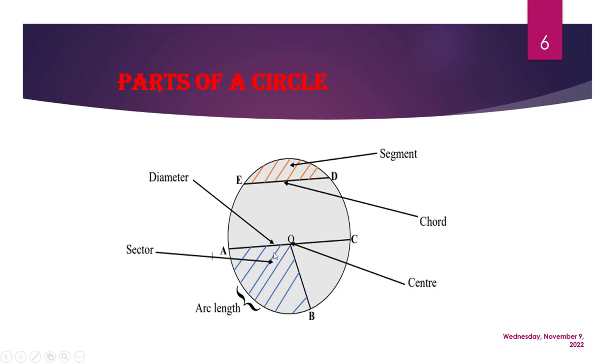Two or more radius is called radii, that is the plural name for radius. So the lines OA, OC, and OB are radii of a circle. Singular form is radius, plural is radii. So let's take note.